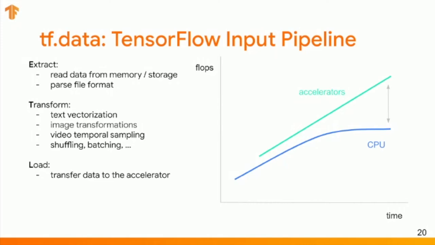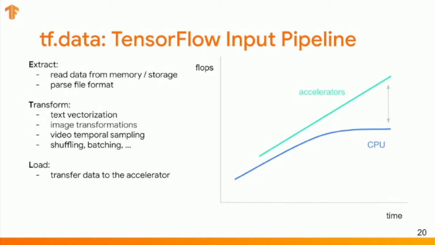For extraction, we can read the data from memory or from storage, and we can parse the file format. Depending on the format where our data is stored, we can parse it to be able to apply operations over it.